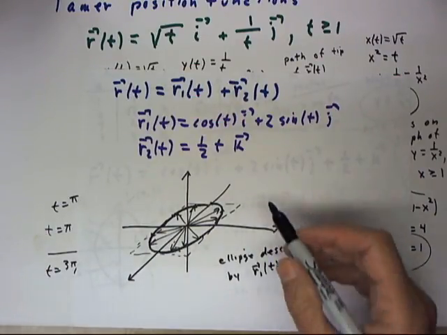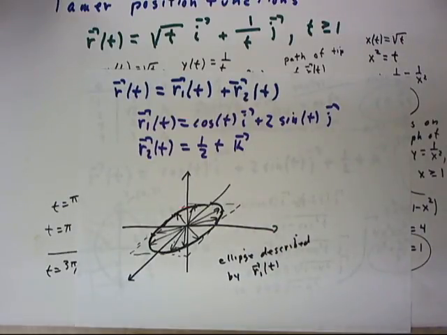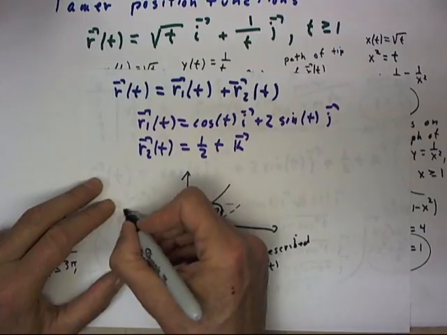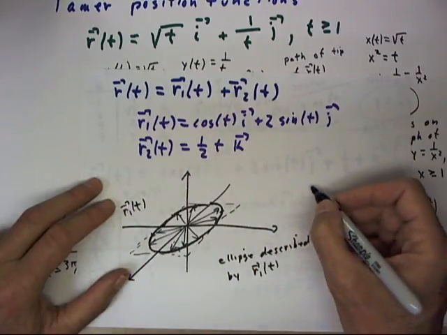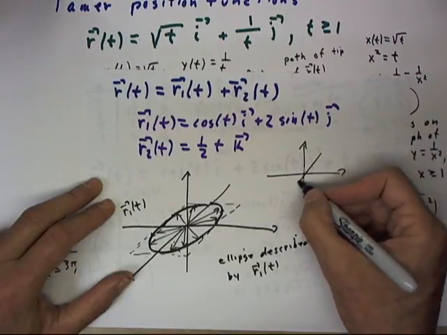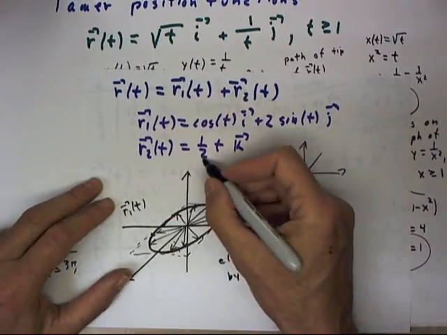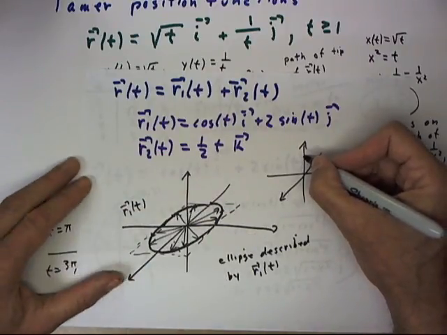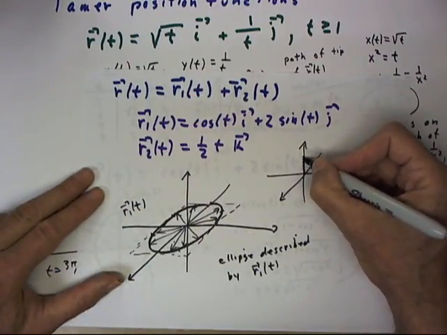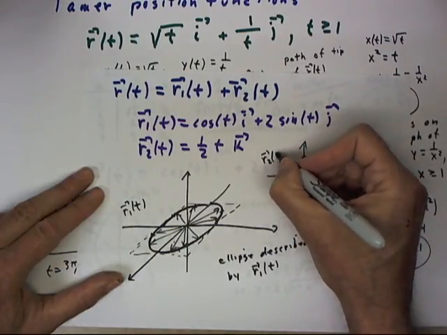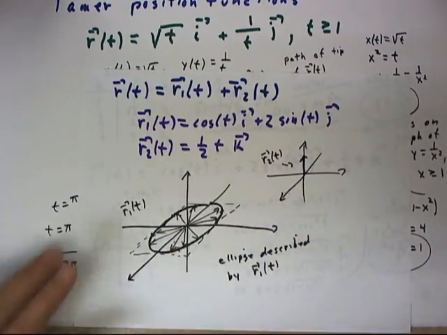Okay. Now, what's r2 of t? Okay, this is our r1 of t. r2 of t, if we sketch it here, at any time is a vector parallel to the k vector. If t is positive, then here's what r2 of t looks like.